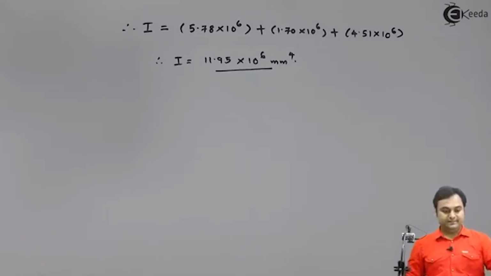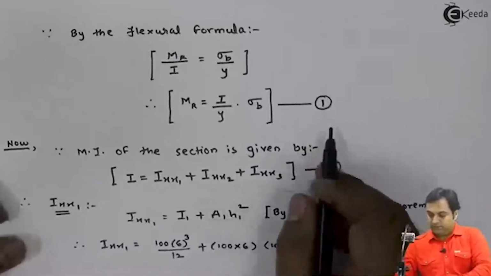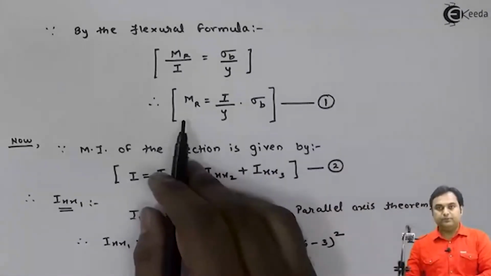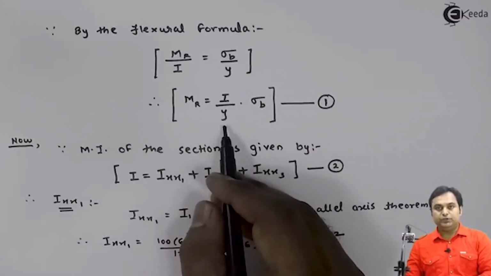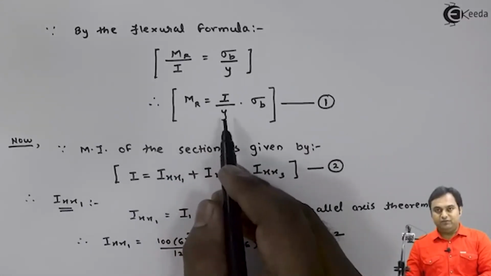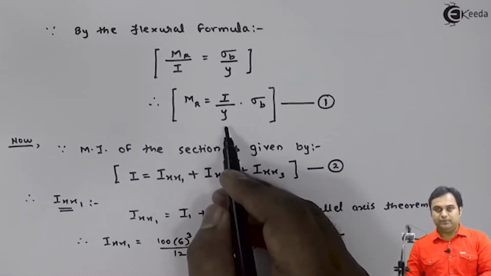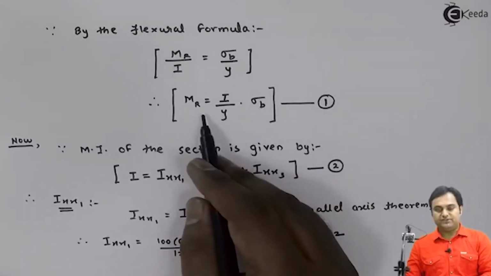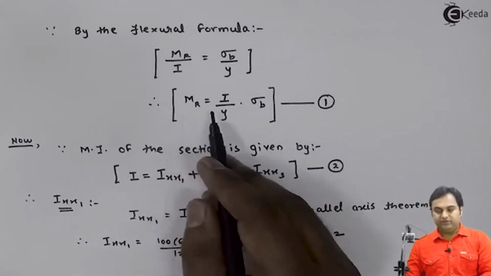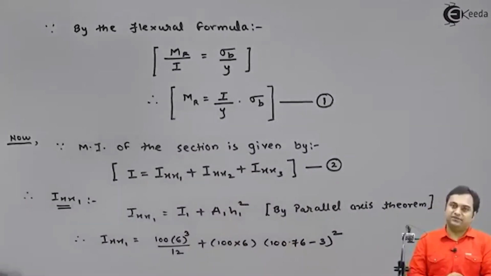Next thing is that in equation number 1, because we need to calculate moment of resistance, I value we have calculated, we need to know what is Y. Now this Y would be the maximum value of Y, because at Y equal to maximum value, bending stress is also maximum and moment of resistance is also maximum. So whenever we are calculating moment of resistance, we need to calculate the maximum moment of resistance.